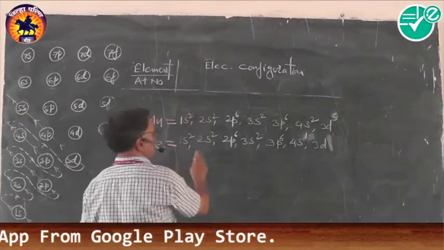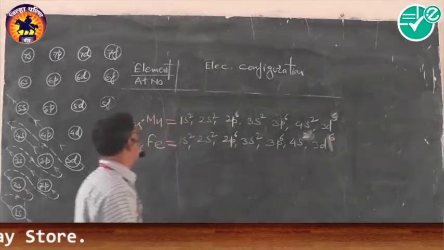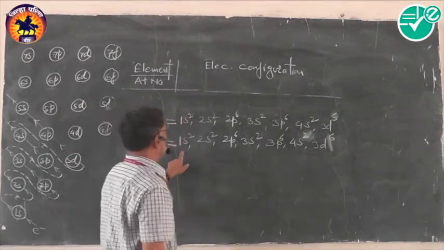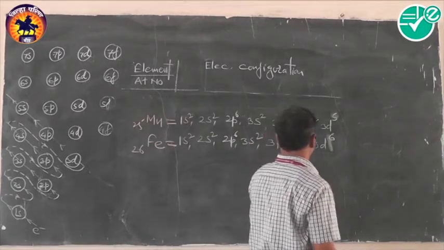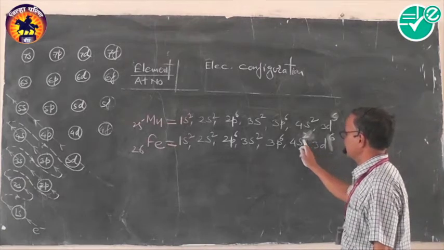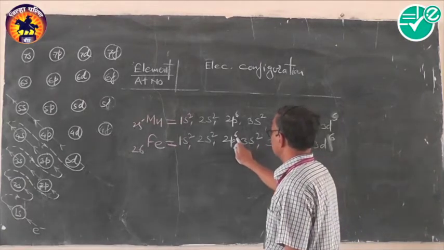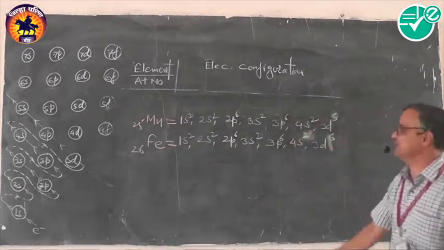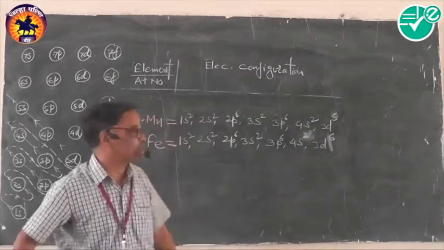Similarly, the electronic configuration of iron with atomic number 26 can be written as 1s2, 2s2, 2p6, 3s2, 3p6, 4s2 and 3d6. 6 plus 2, 8, plus 8, 16, plus 6, 22, plus 4, 26. This is the electronic configuration of manganese and iron. This is very simple.